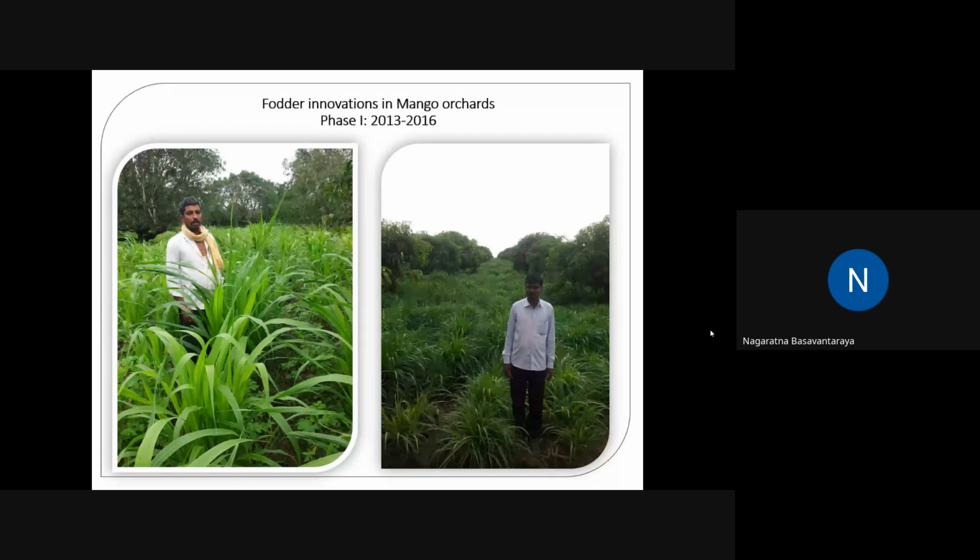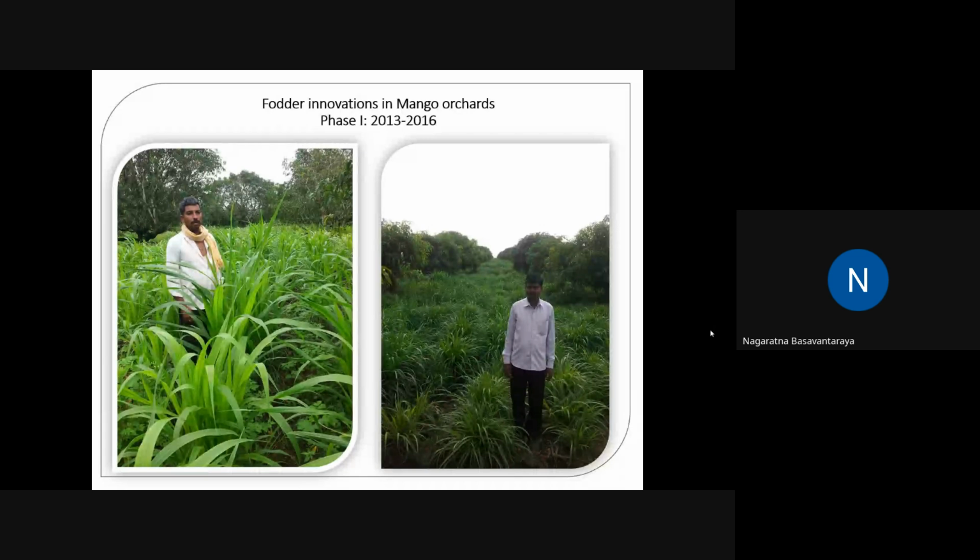Coming to how we introduced the fodder innovations in the mango orchards, here are some photographs you can see. This was phase 1, from 2013 to 2016. Then the project continued for phase 2 from 2016 to 2019, and recently we ended with phase 3, from 2019 to 2023, a year before we closed this project.